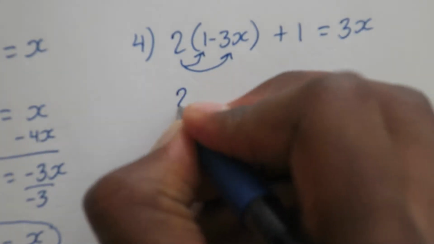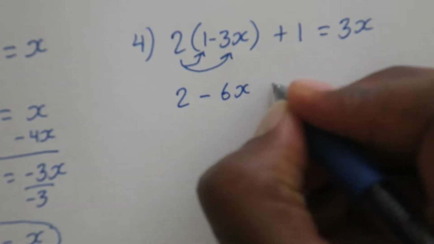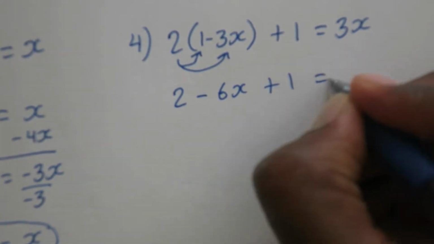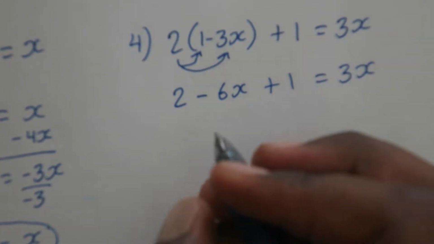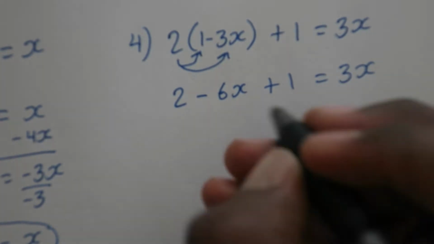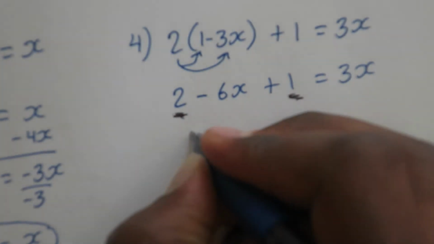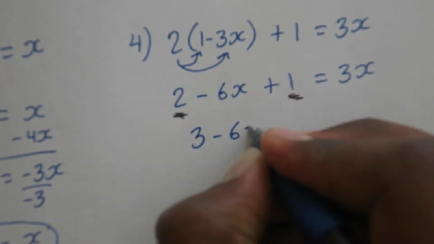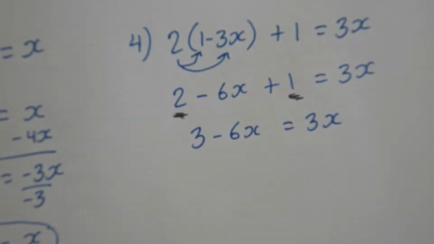Well, 2 times 1 is 2, minus 2 times 3x is 6x, so you get 2 minus 6x plus 1 equals 3x. Next, combine the like terms. 2 plus 1 makes a 3, minus 6x equals 3x.